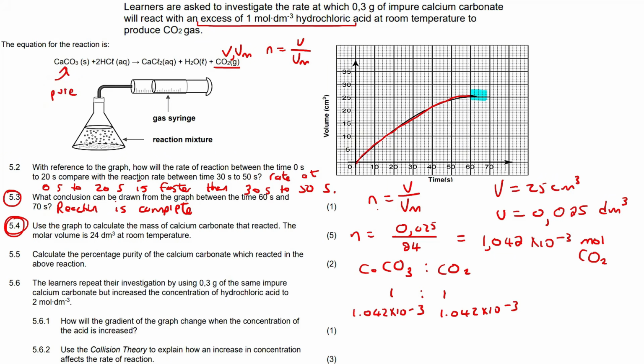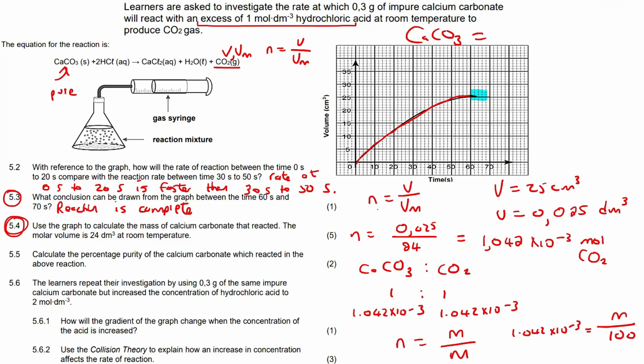Okay, so now we have the moles of CaCO3, so now we can go work out its mass. We know the moles, so we can say 1.042 times 10 to the minus 3. We don't know the mass. Molar mass you get on the periodic table. Because I've done this so many times, I know that the mass of this thing is 100. The reason is that this is 40, this is 12, and then this is 16 times 3, which is 48.